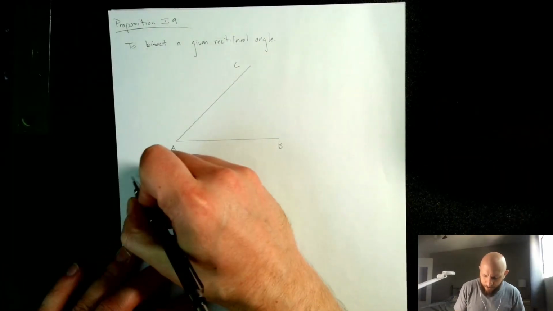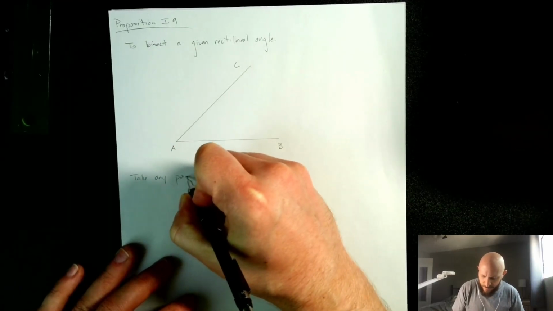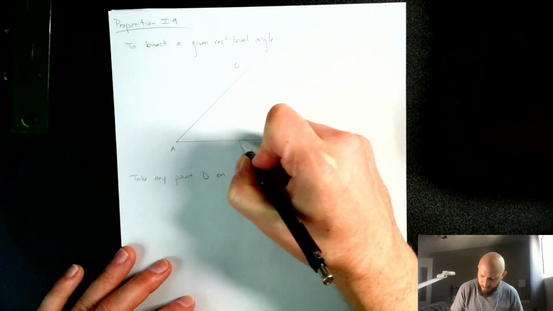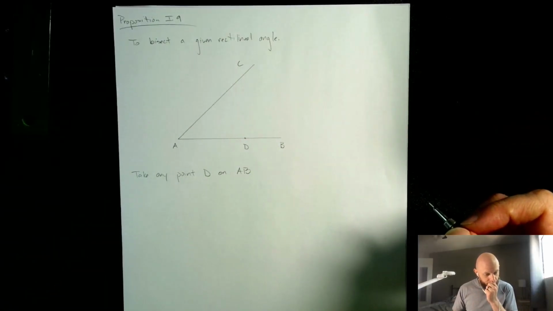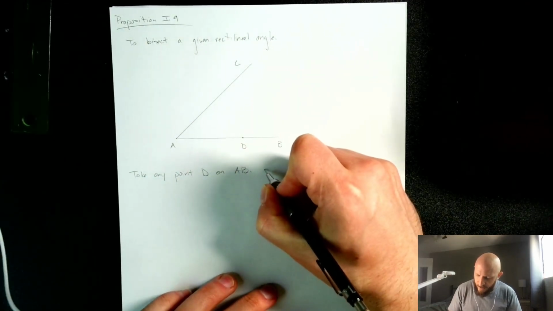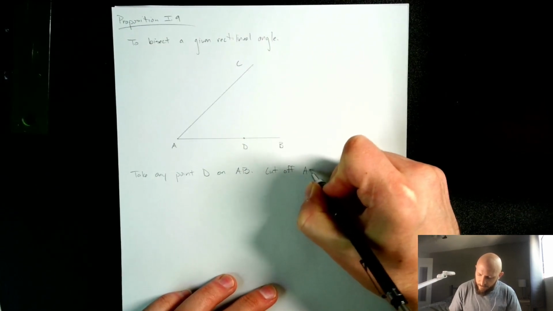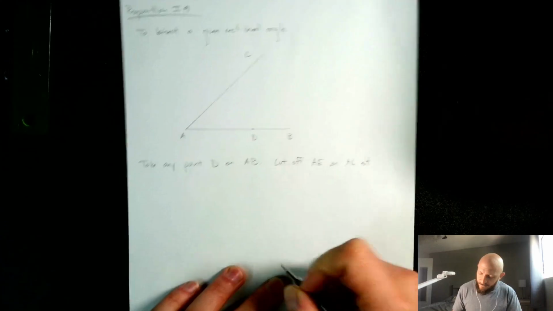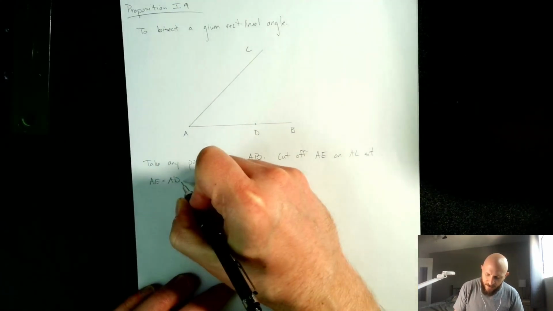Step one, take any point. We'll call it D on AB. Any point that you like. Here it is. I'll call that D. And then next, cut off AE on AC such that AE equals AD.